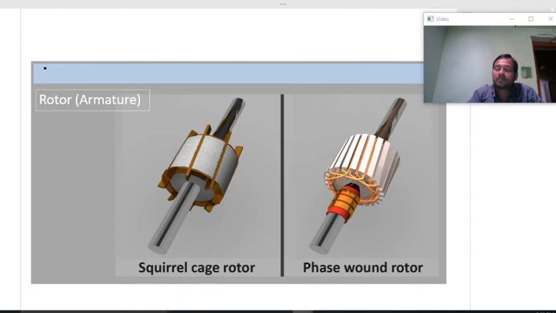Next is the rotor. There are two types of rotors in the three-phase induction motor. The first one is the squirrel cage rotor, and the other one is the phase wound rotor, or slip ring rotor.